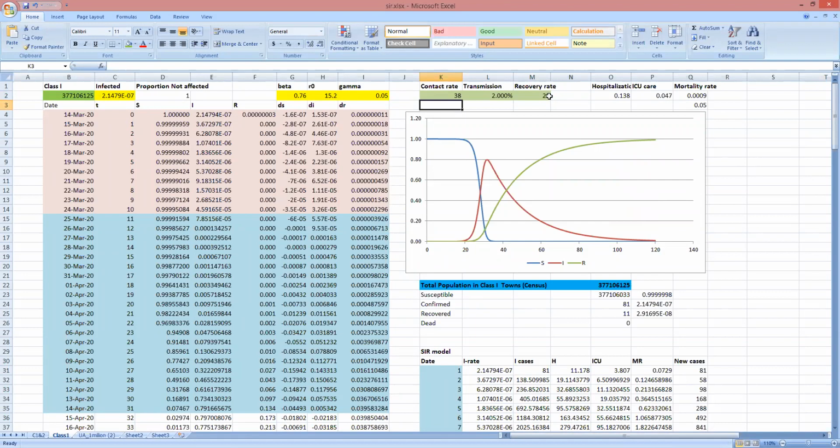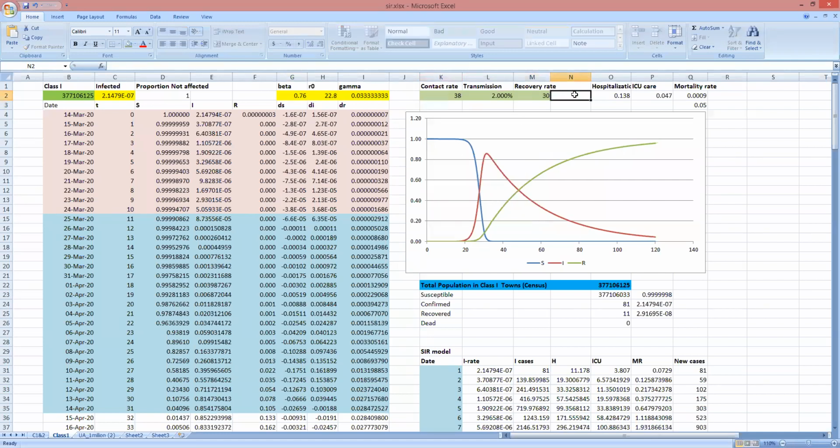So contact rate is 38, transmission is 2%. So beta becomes 0.76. And I'm assuming a recovery rate of 30. The blue is the susceptible person. Red is the infected cases. Green is recovery. Clear?